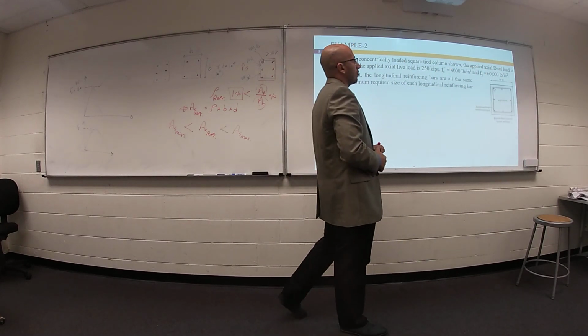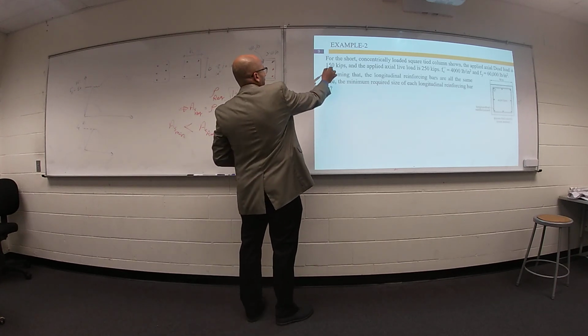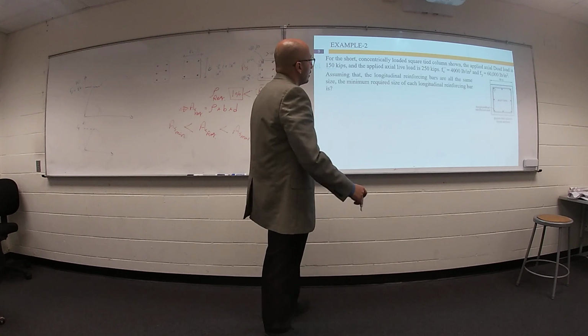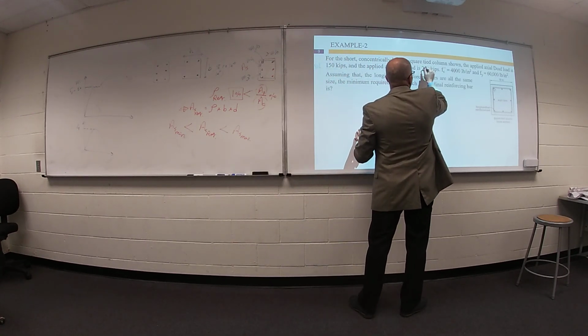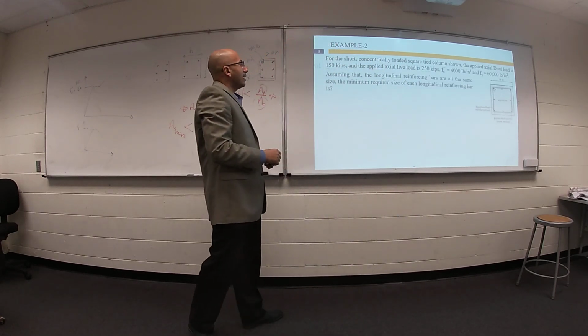Read your problem carefully. The applied axial dead load equals 150 kips, and the live load is 250 kips. F'c and F yield are given.